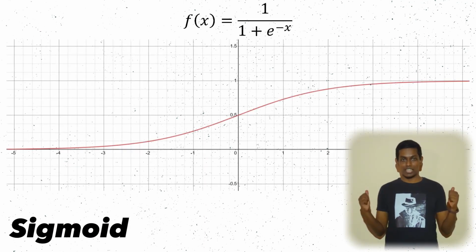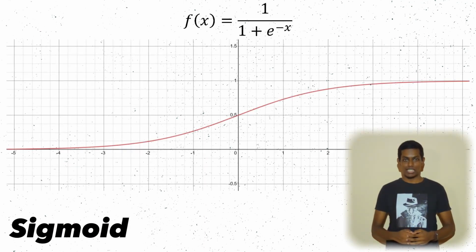If you want the output to be mapped to 0-1 range, sigmoid is the go-to function, which is also known as the logistic function. For example, a probability should be in 0-1 range. Therefore, sigmoid function is widely used in binary classification problems. It can be mathematically expressed as shown here, and its graph looks like this.